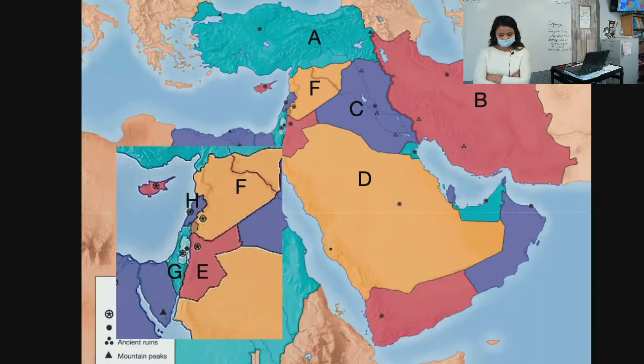All right, so that is our map. Make sure you guys are highlighting and studying those. Actually, let's review. Okay, what is the world's largest peninsula?